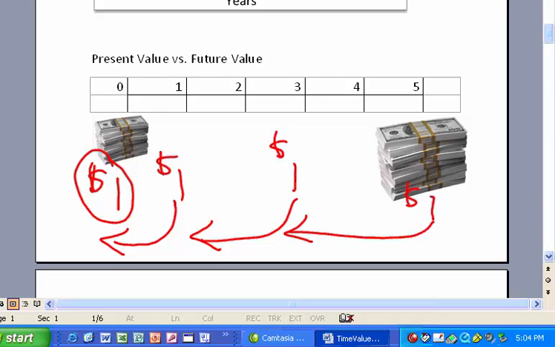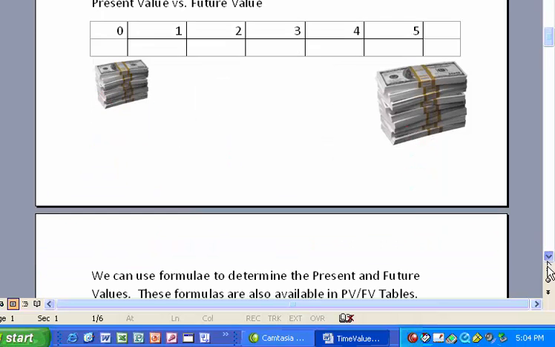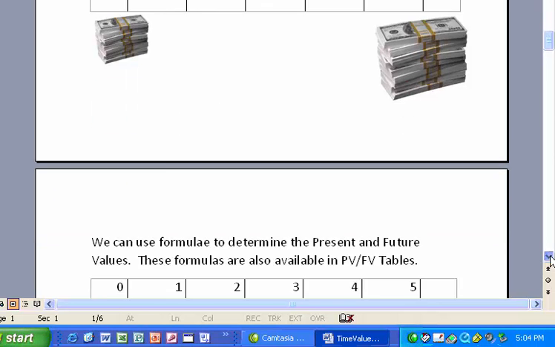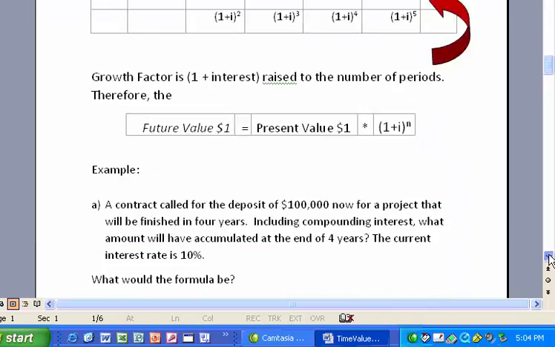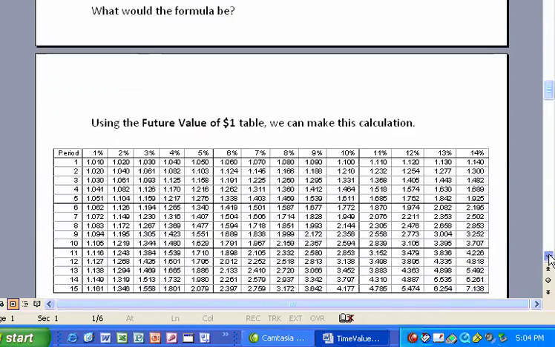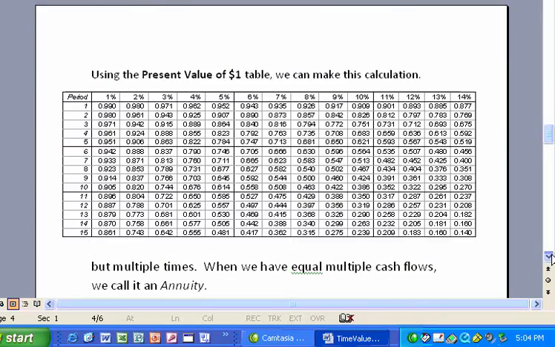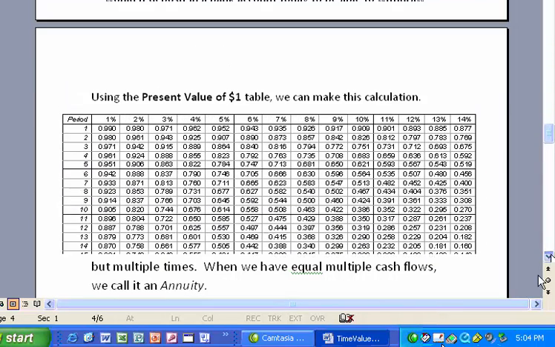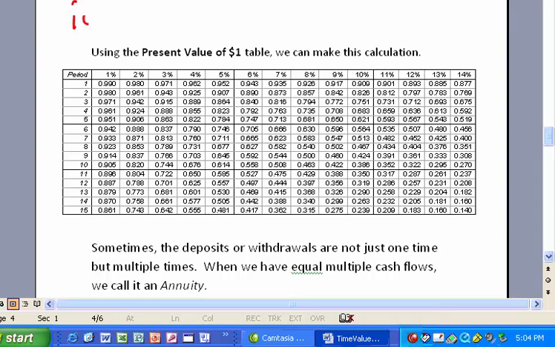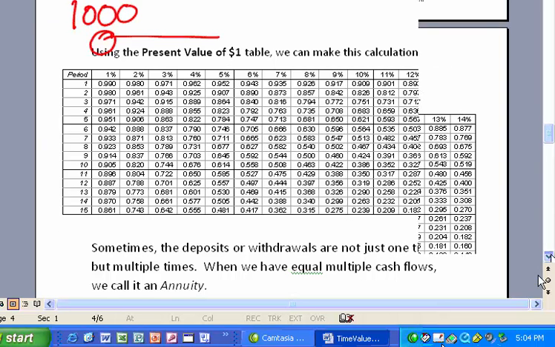And the concept is, because we can put a lot smaller amount of money into a bank account and let it draw interest. So if we look at the table here, if I slide down here to our tables, and I want the present value of $1. If we start out, and let's say that we're going to have $1,000, and we've got that at time 0.